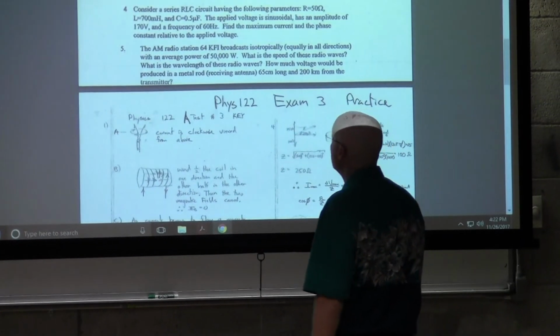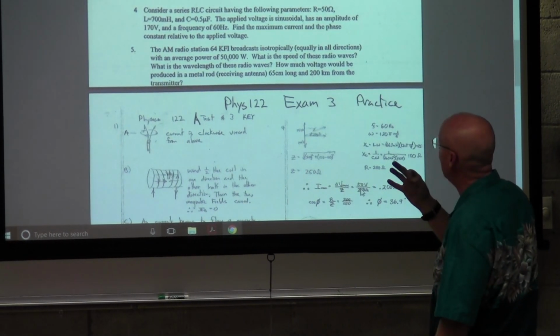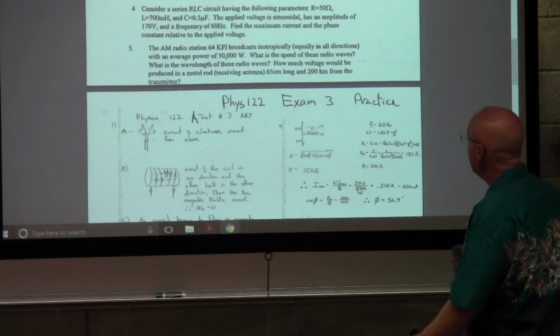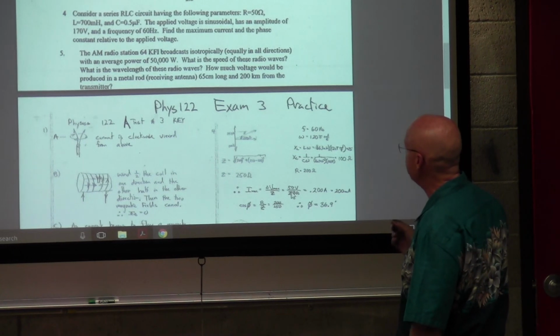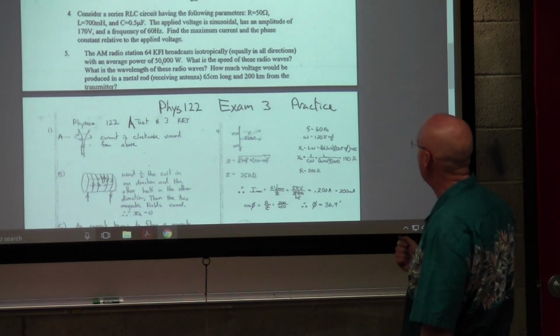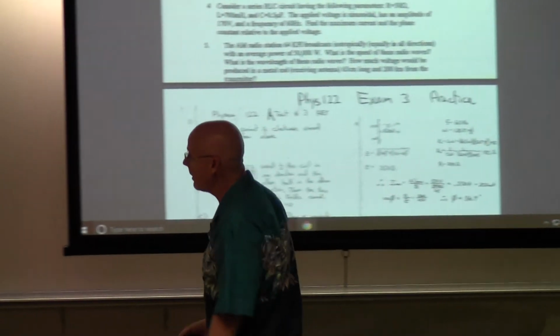So this one says, consider this RLC circuit having the following conditions. What is the maximum current and the phase constant relative to the applied voltage? This is a lot like that other one.